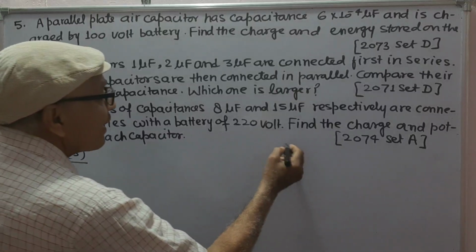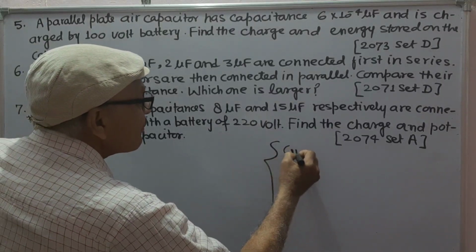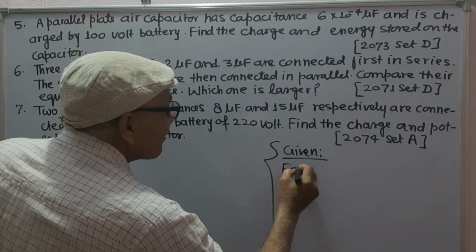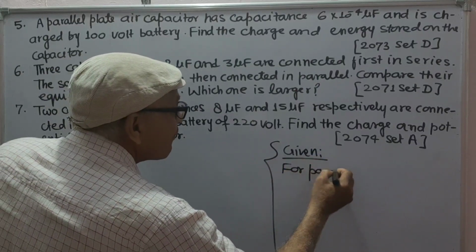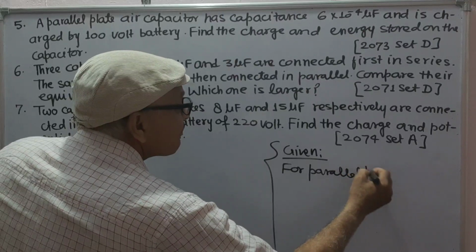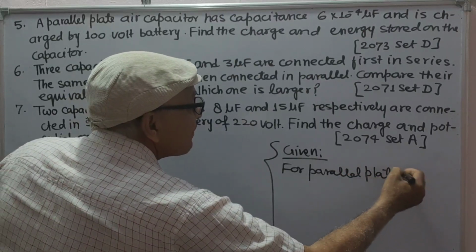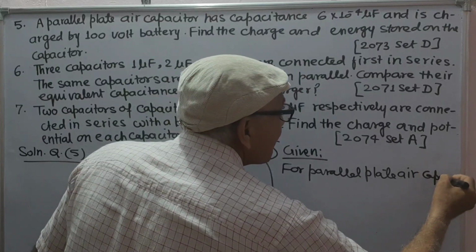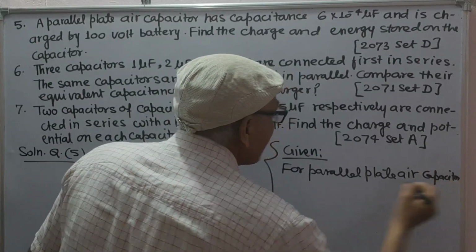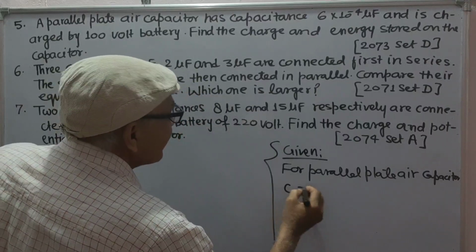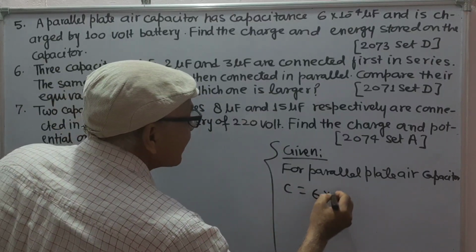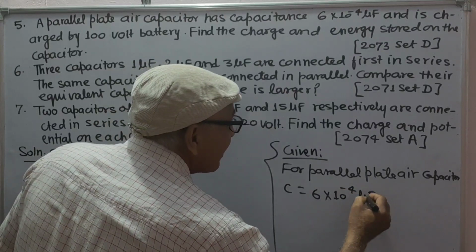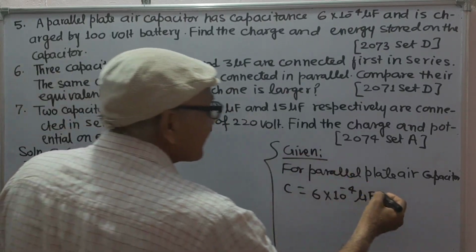Here given: for parallel plate air capacitor, C is given to be 6 into 10 to minus 4 microfarad, and micro means 10 to minus 6.